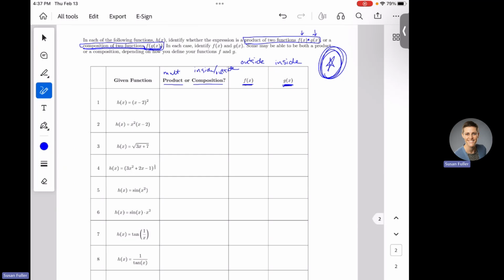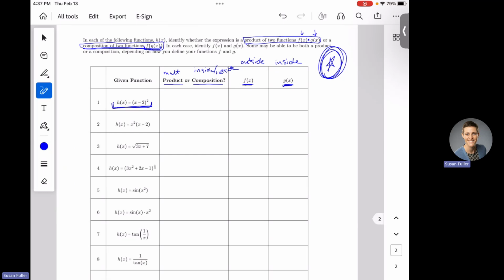Now, the cool thing about this is that sometimes we will have both, and you can look at something as either a product or a composition depending on how your brain looks at it. So let's start with this first one, x minus 2 squared. Now the question is, are there two functions being multiplied, or is that one function inside another function?